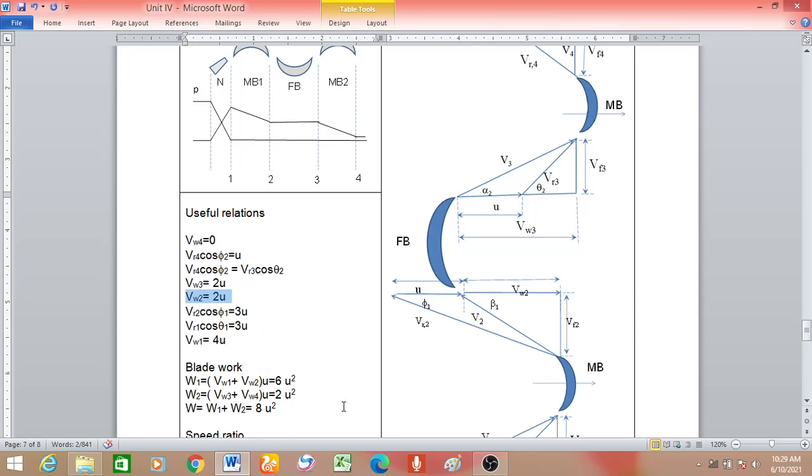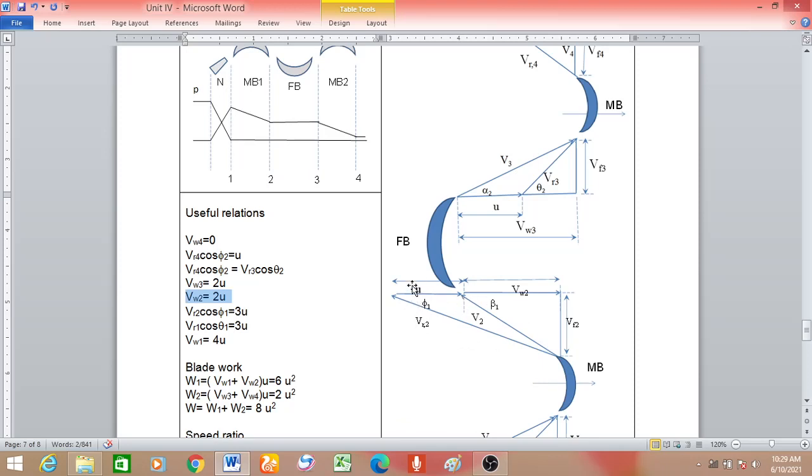Let us come to the next thing. I am extending, so let us find Vr2 cos phi 1, this entire distance I want. Already from here to here it is u, which represents the blade direction. It is the closing the triangle law: Vr2 plus u is equal to V2.